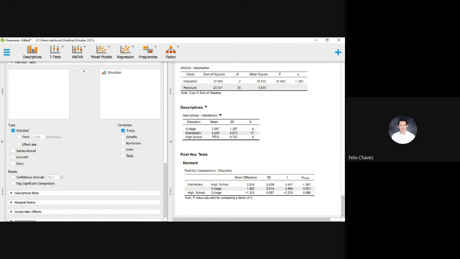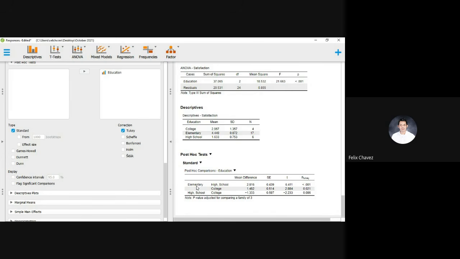Looking at the mean score again, the elementary have higher mean satisfaction as compared to college, having a mean score of 2.96. Okay? So, itong grupo na ito ang merong significant difference, elementary and high school, and elementary and college, in which elementary have higher level of satisfaction when compared to high school and college level customers.